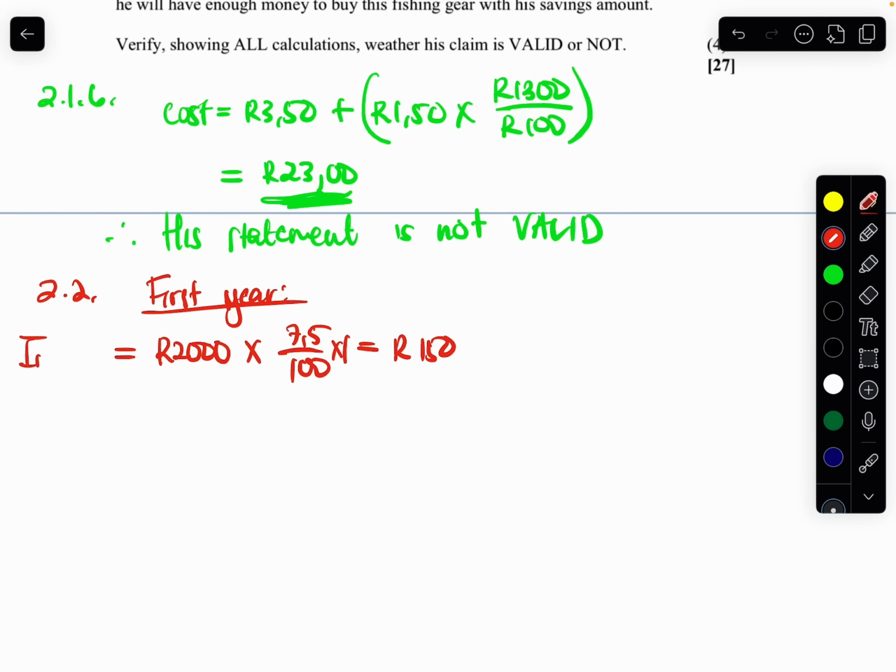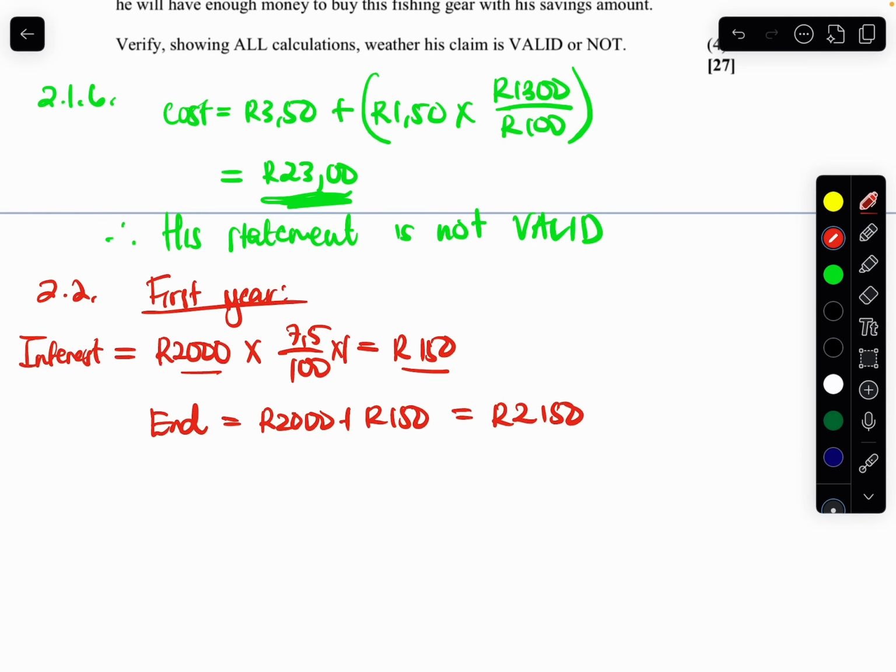This is the interest in the first year. So by the end of the first year, she's going to have the interest plus the principal. So it's 2,000 rand plus the 150 rand. So it's going to be 2,150 in the first year. That's the money that she's going to have in the first year.